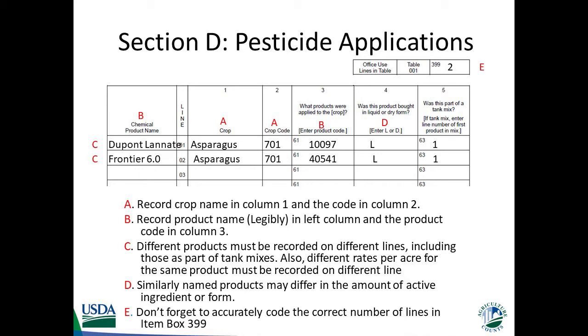Make sure that you record different products on different lines, including those that are part of tank mixes. Additionally, if the same product was applied multiple times but at different rates, the separate applications must be reported on separate lines. There are some products which have very similar names and similar active ingredients, but the concentration of the active ingredient may differ between the products.